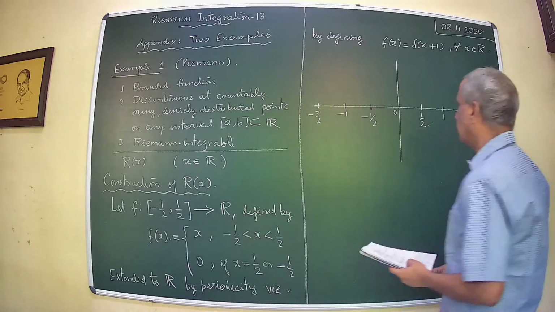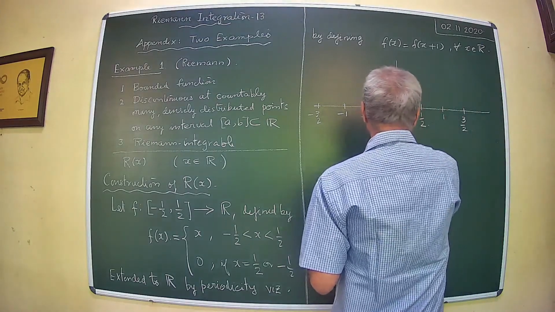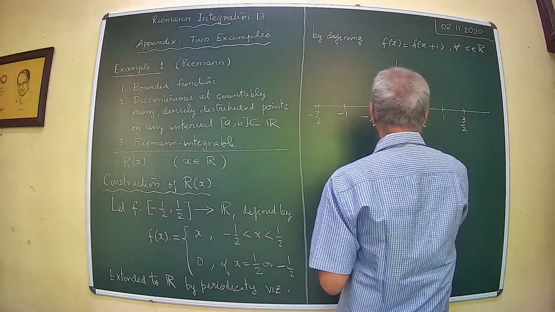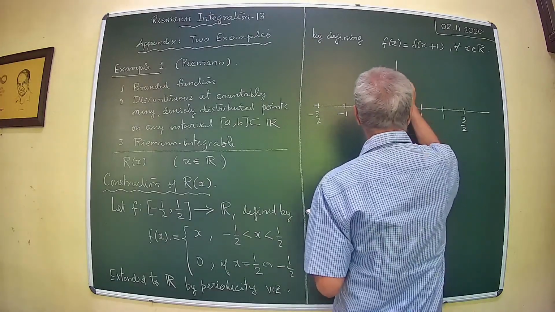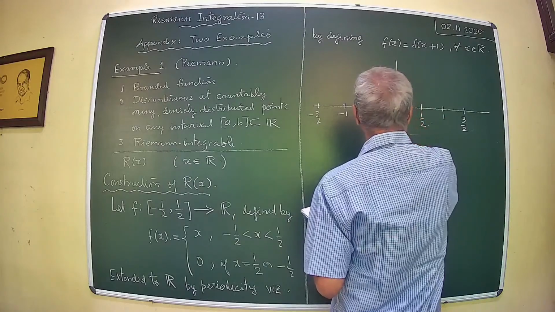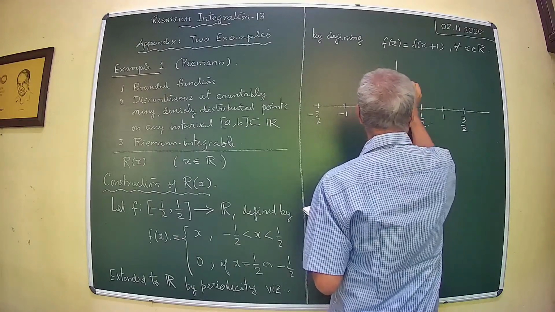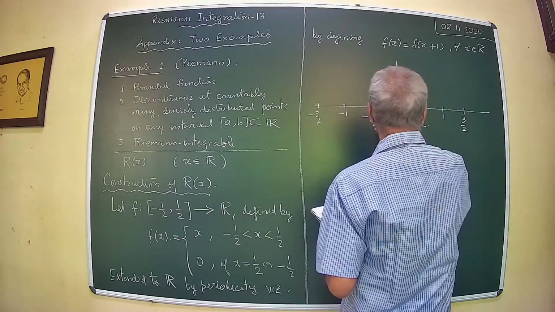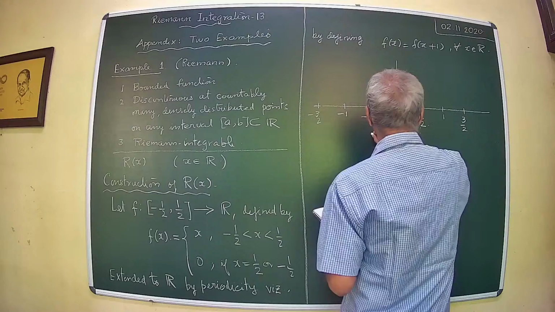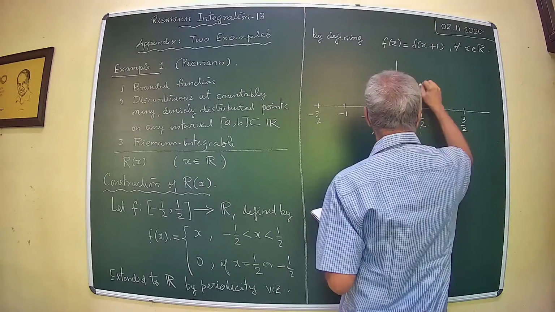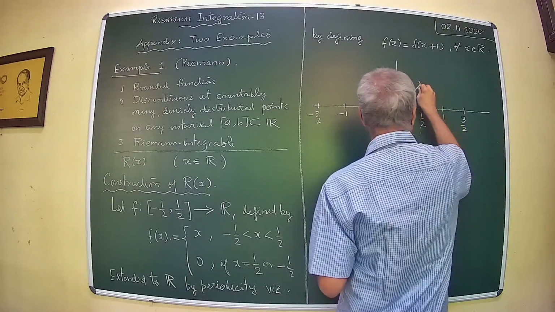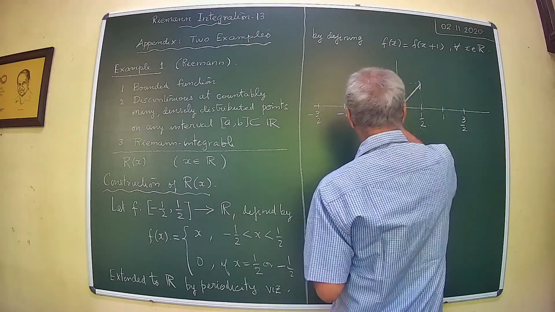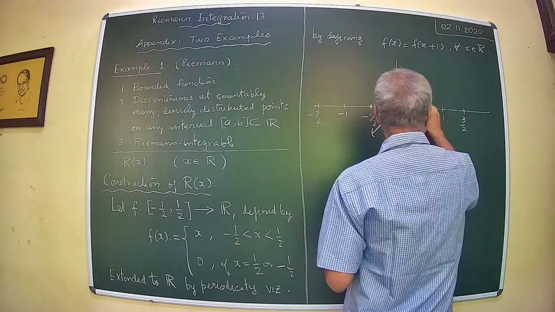We define the function in the following way. This is the graph of the function, and at these points the function is defined to be 0.